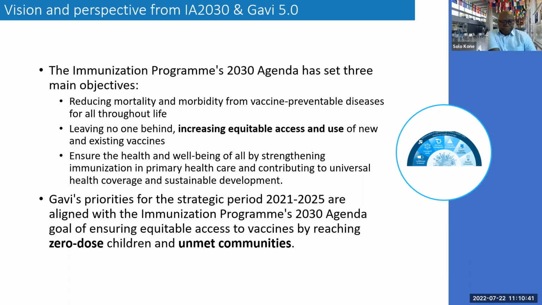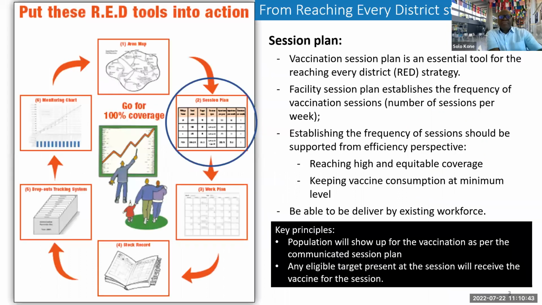Next slide. And I remind you again of other initiatives that were previously the RED approach, what we call Reaching Every District, with different declinations such as reaching every child and so on. Those were initiatives that were trying to reorganize the immunization component in order to reach really everyone.